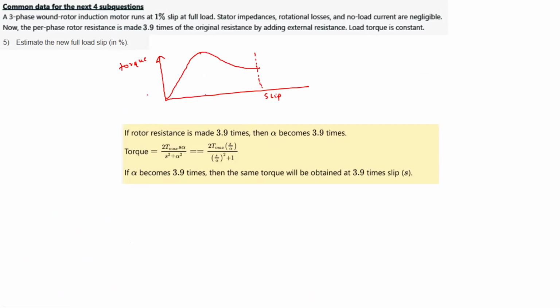So let us say it is somewhere here, T full load. Now if you add the external resistance, what happens? Your torque slip characteristic shifts like this.